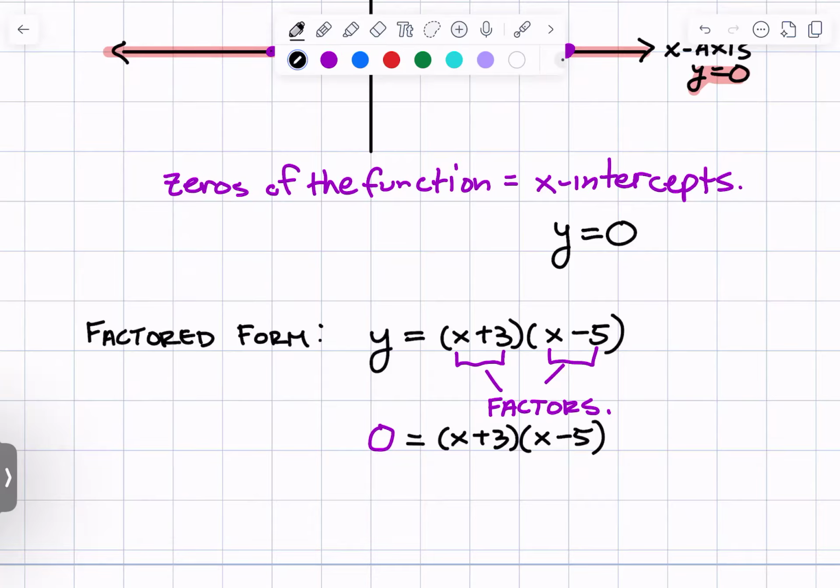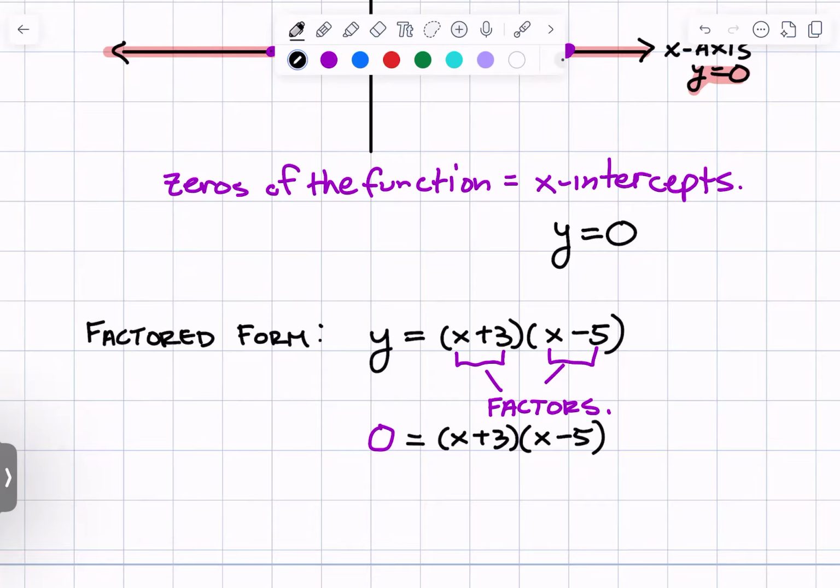What do you know for sure? Give me two numbers that multiply to 0. Any two numbers. 5 and 0. What else? 3 and 0. What else? 1 and 0. What else? Anything times 0. Correct? Anything times 0 equals 0. 0 times anything equals 0.